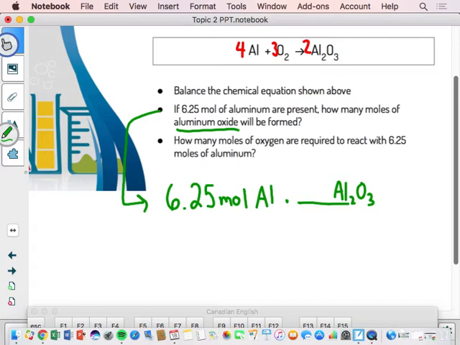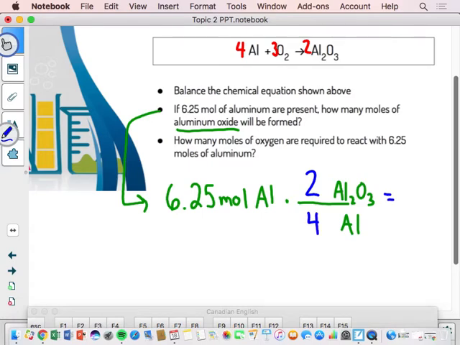So what we have goes on the bottom, which is Al. Now, we just put in the ratio that we got by balancing the equation. Al2O3, 2, right? How many Als? 4.